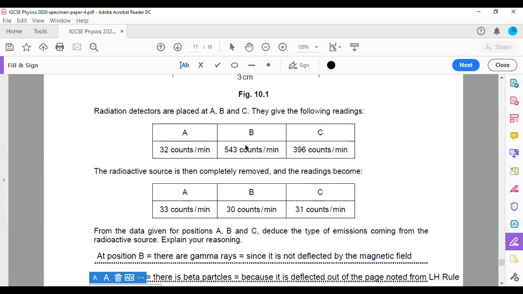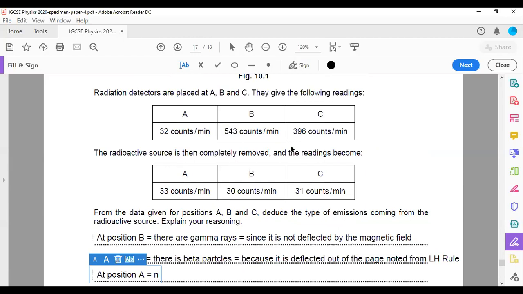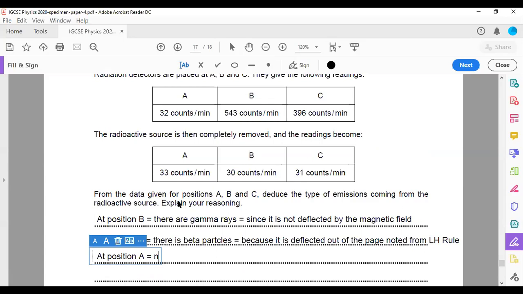Now what I wanted you to notice between positions A, B and C is that B had a higher count going through the magnetic field, while at position A there is very low count, only increased by 1, which means that there aren't any alpha particles. Okay?